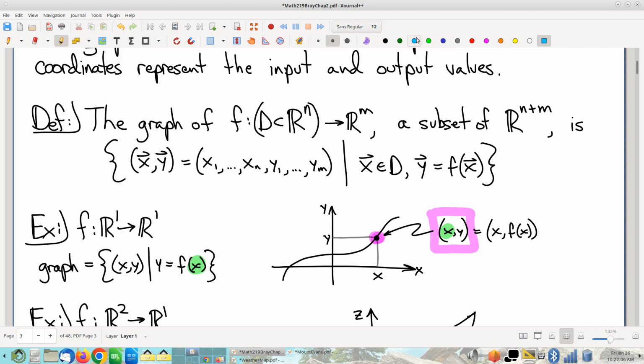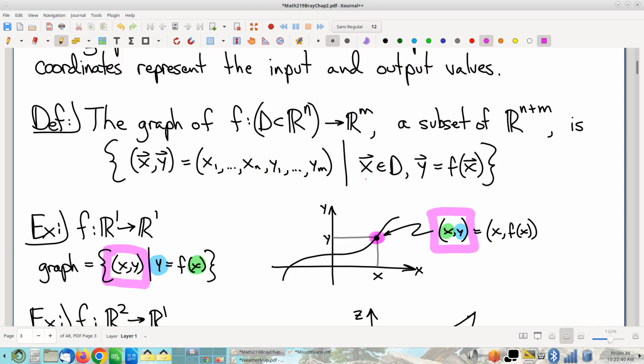And then the second coordinate, you'll notice, it's what comes out of the function. Right? So x is the input, y is the output. The point on the graph has both the input and the output together, making up a single point. And so all together then, the graph is the collection of all points that fit this format, right? Where the first coordinate's the in, second coordinate's the out. Okay, so that's the big idea of what's going on in this definition right here.